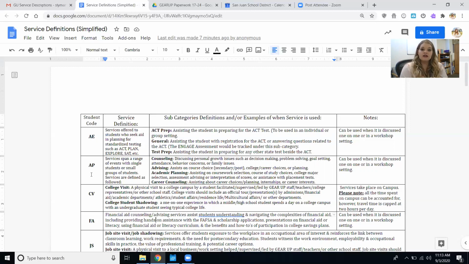We are really encouraged to use this code because a lot of our purpose as our grant is to help our kids take rigorous courses, to show that they can handle it and go on, because we want them to succeed. So try and remember it.